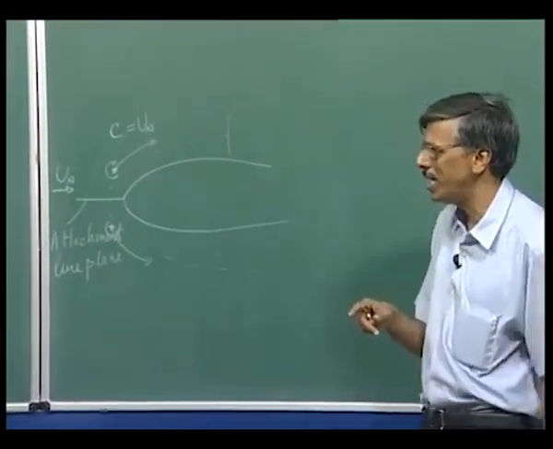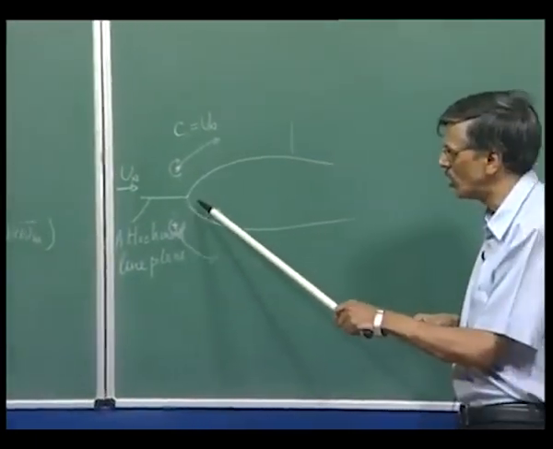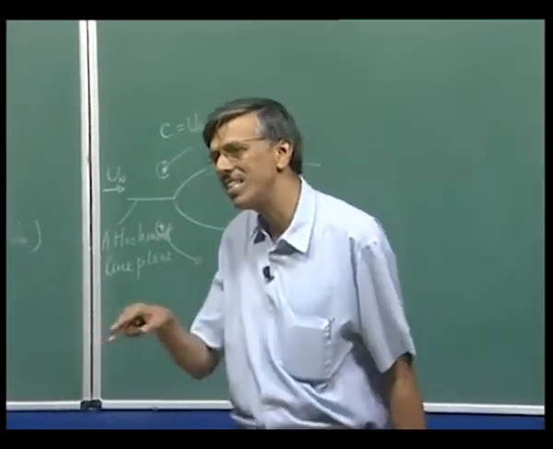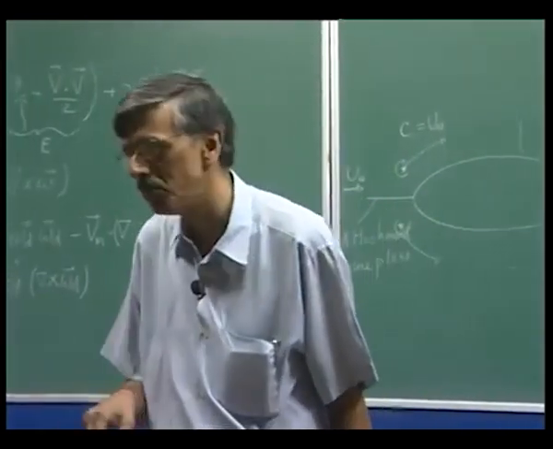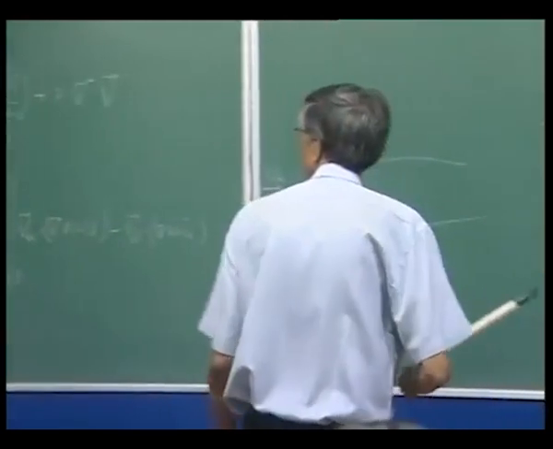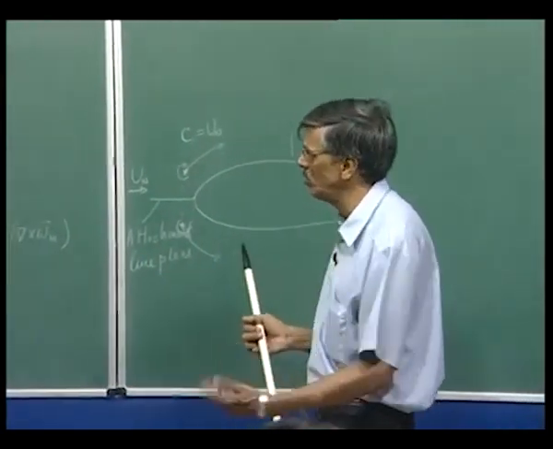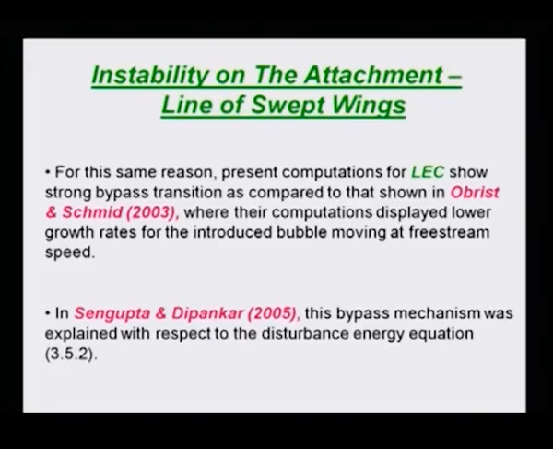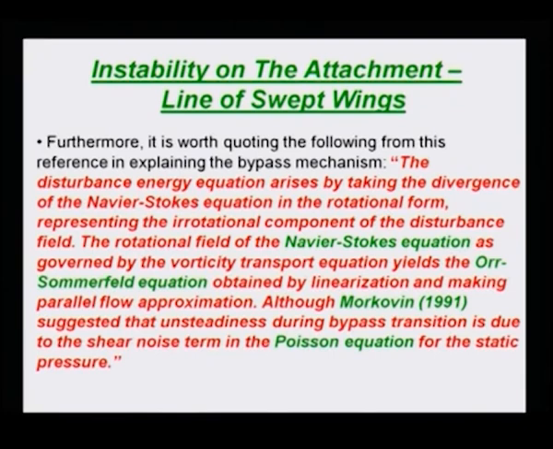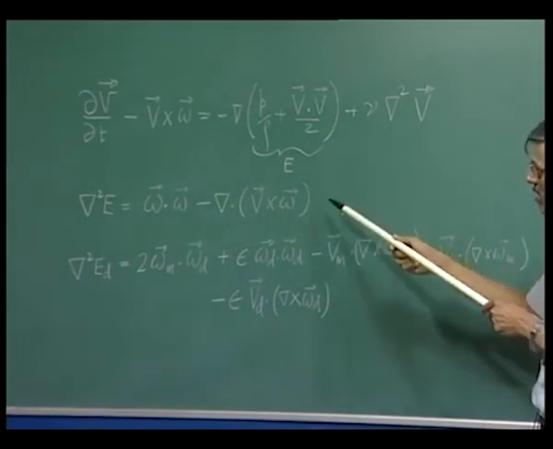In contrast, we talked about a bypass mechanism that showed how the flow became unsteady right on the attachment line plane itself. That bypass mechanism was once again explained in terms of the disturbance energy equation. Just to recall what we have done about the disturbance energy equation, we start off with the rotational form of the Navier-Stokes equation, then take a divergence of it.